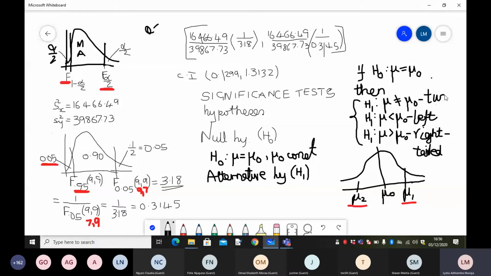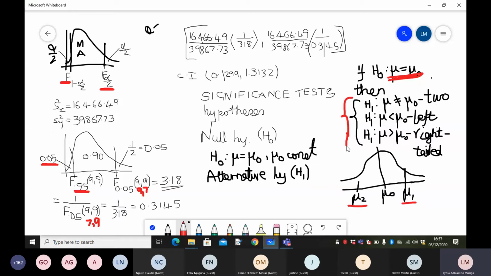So the null is always definite, as in the mean or the variance or whatever a value is given. So for the null, we always have something is equal to something. But for the alternative that we shall write, it will only be one of the three alternatives that we have.